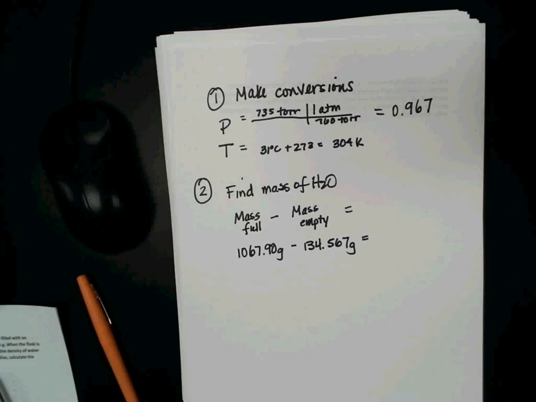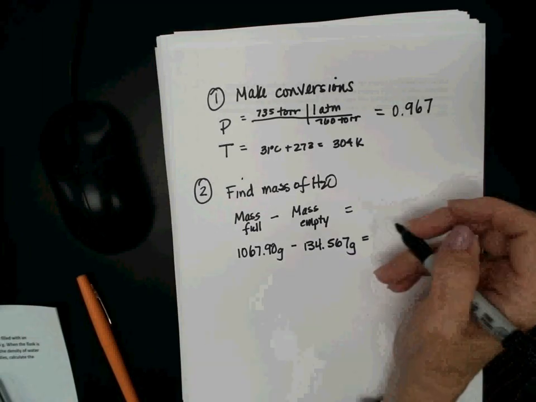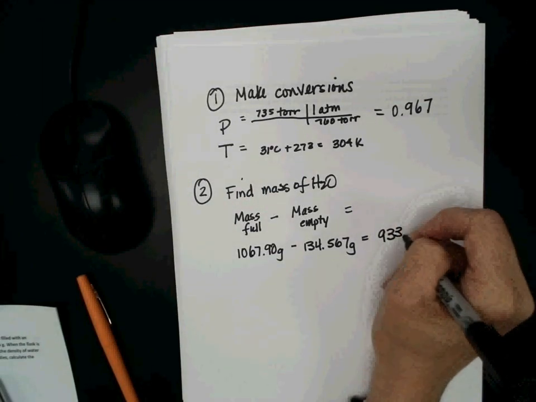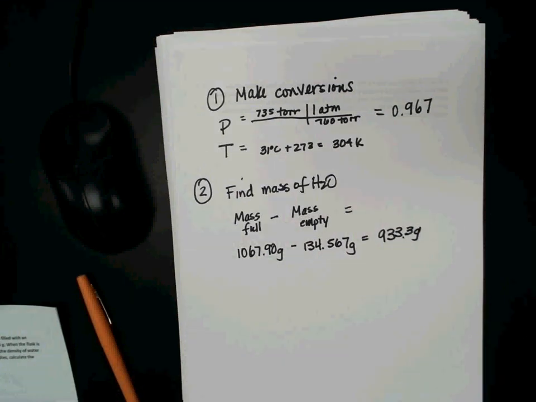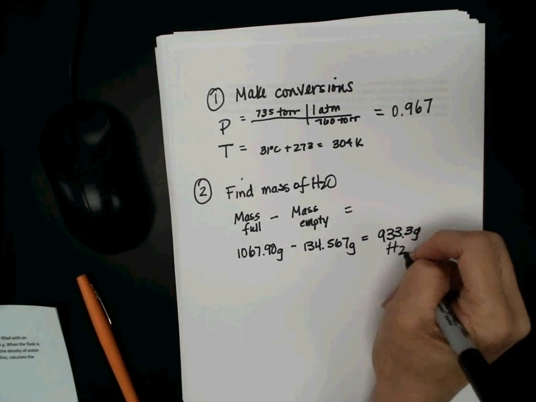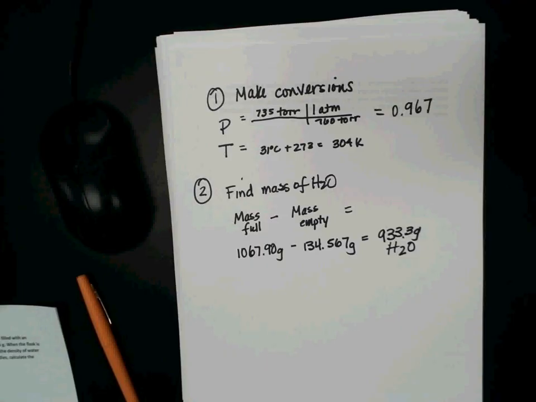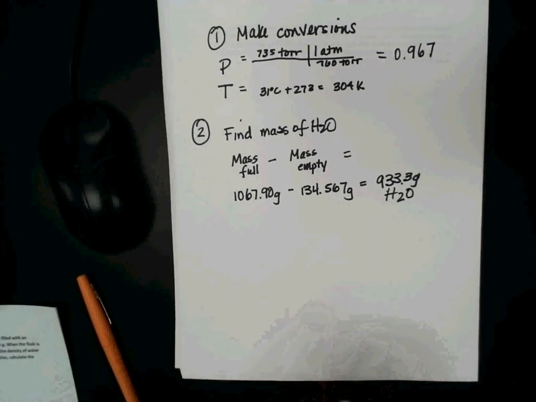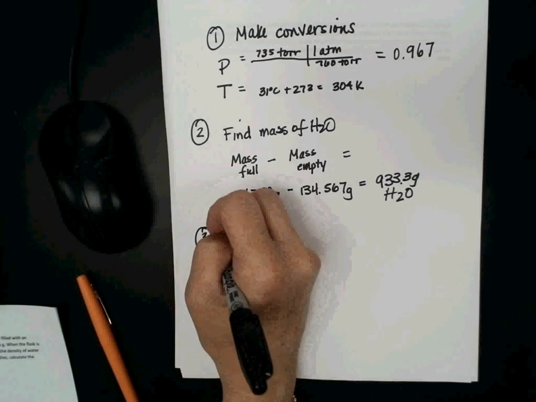So see what that is. So that equals my grams of water. Now I also gave you some information here about what the density of water was at that temperature. So the density of water will allow me to find out how much water I actually had.